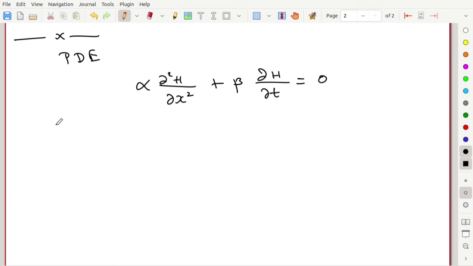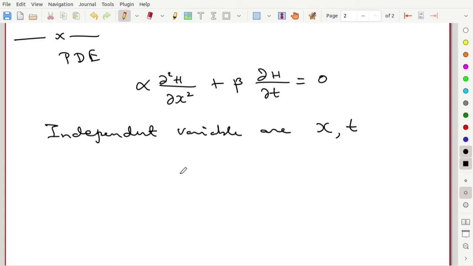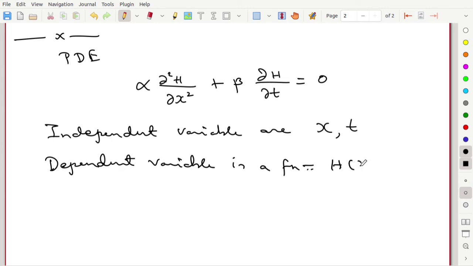Here the independent variables are x and t, and our dependent variable is a function of both x and t.